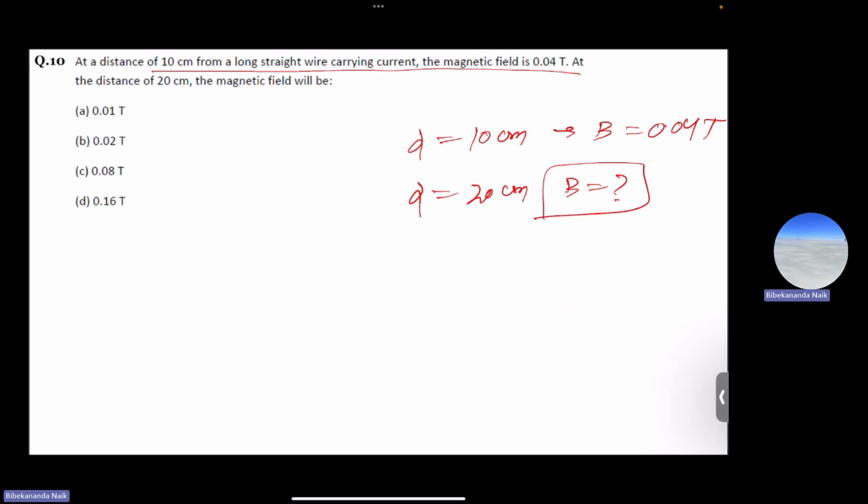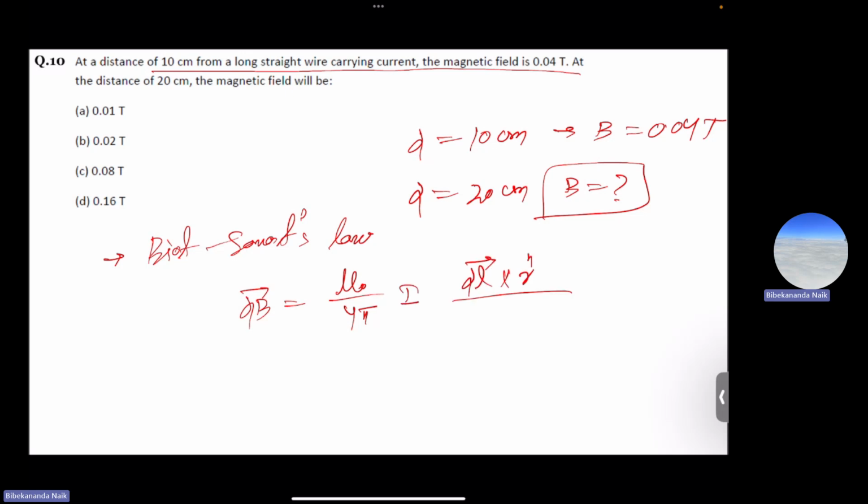If you discuss the magnetic field produced by a current carrying wire, it is governed by Biot-Savart's law. According to Biot-Savart's law, the magnetic field produced by a small element at a distance r is given by mu 0 by 4 pi I dl vector cross r cap divided by r square.